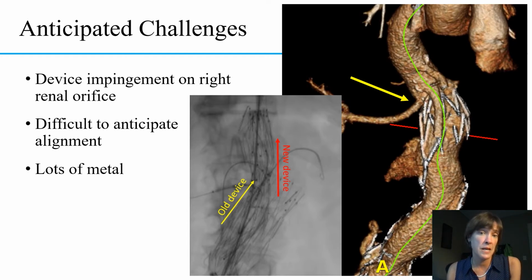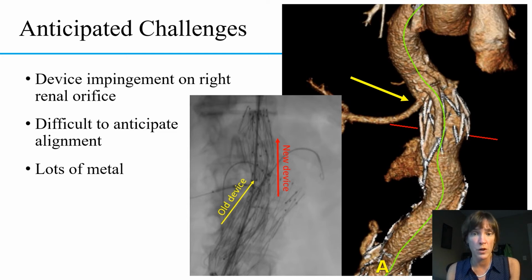So we anticipated several challenges in this case, of course. We anticipated specifically that there would be device impingement on the right renal orifice, making it potentially difficult not only to cannulate it, but also to track devices out into it. It's also difficult to anticipate the alignment, as I talked about previously, with the vectors of the old device and new device not lining up properly. And again, there's just a lot of metal.